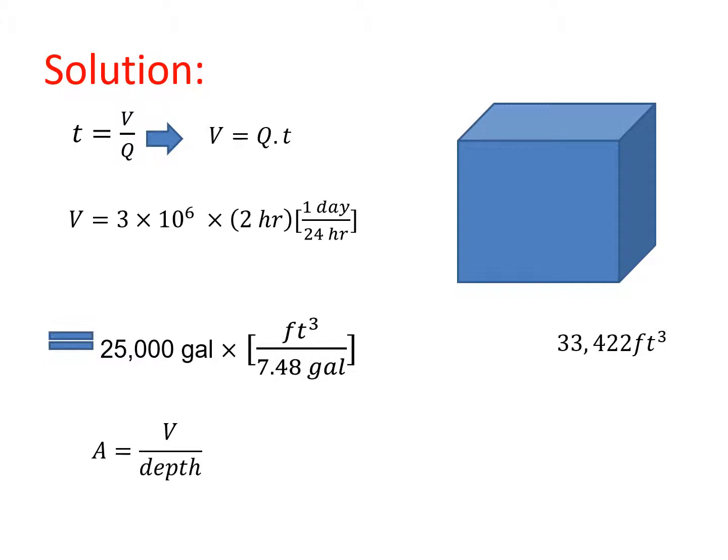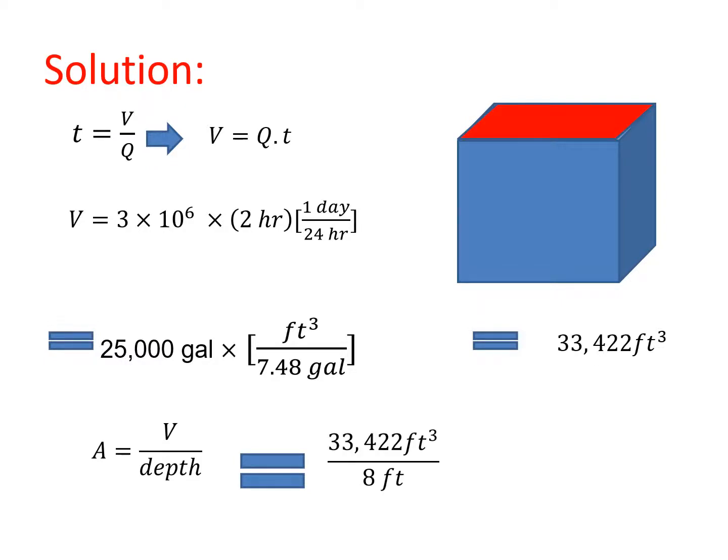Now area equals volume over depth. Our volume is the number that we found before, over 8 feet. If you compute it, the answer will be 4178 square feet. Now you have the area, and we know that area equals length times width.